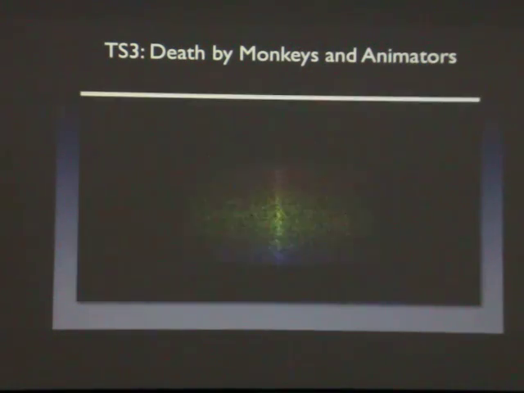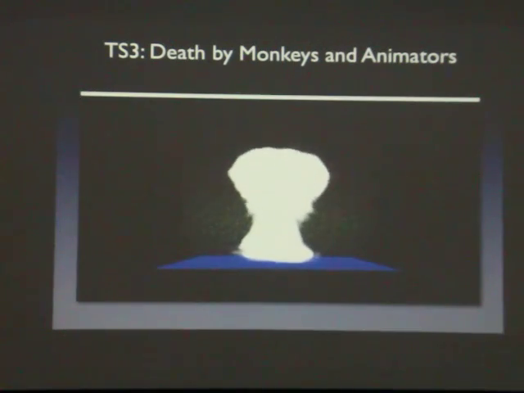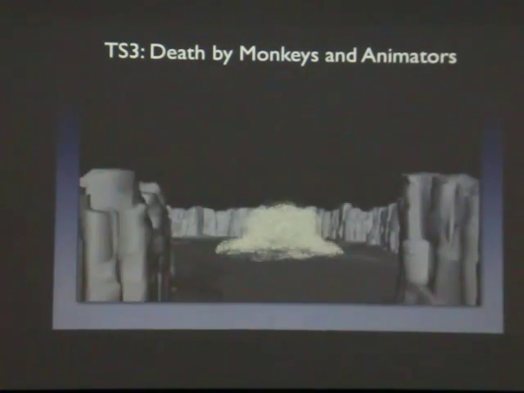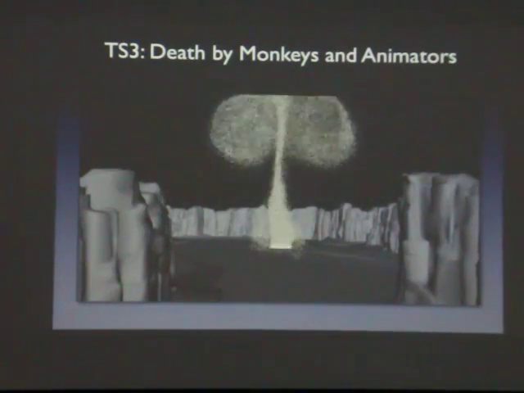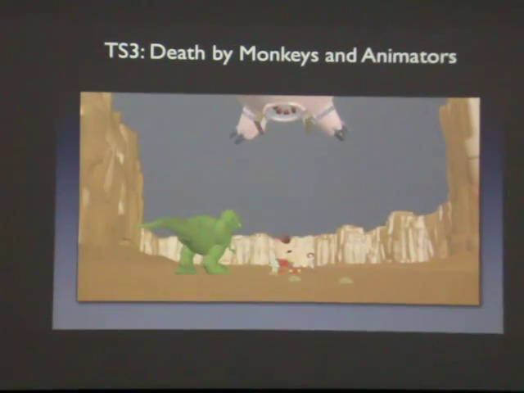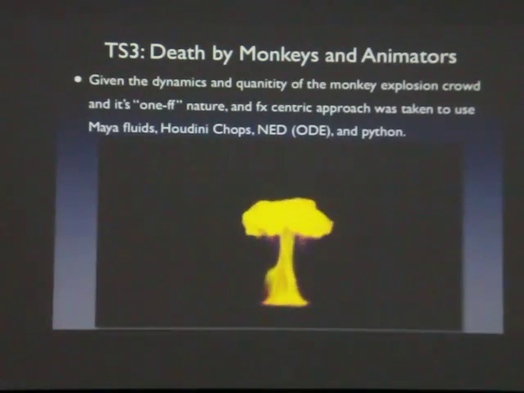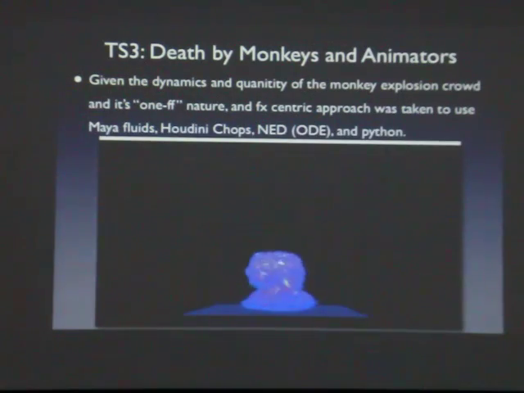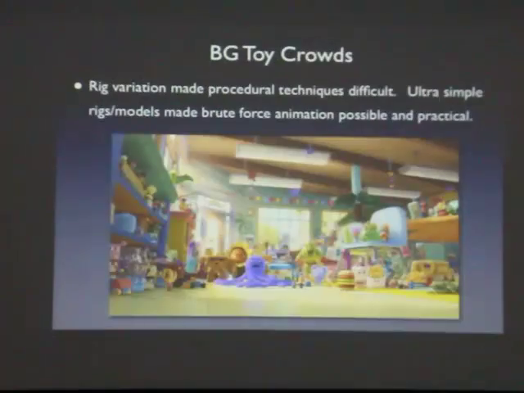This was largely done originally with Maya fluids, but then some of it with Houdini to retime it. The idea was, you don't have to worry about animation of individual characters when it's at this scale. This is pretty much a fluid sim. Again, it was done with Maya fluids, retimed in Houdini CHOPs. And so that was the Death by Monkeys.